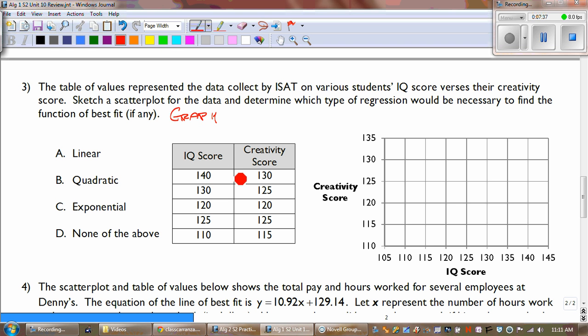It says that your IQ scores are your X values, and the creativity score is your Y. So here's your Y, there's your X. I'll do the first point with you. So we would go to 140 and then go up to 130. That's our first point. And you guys do the rest. Pause the video, please.